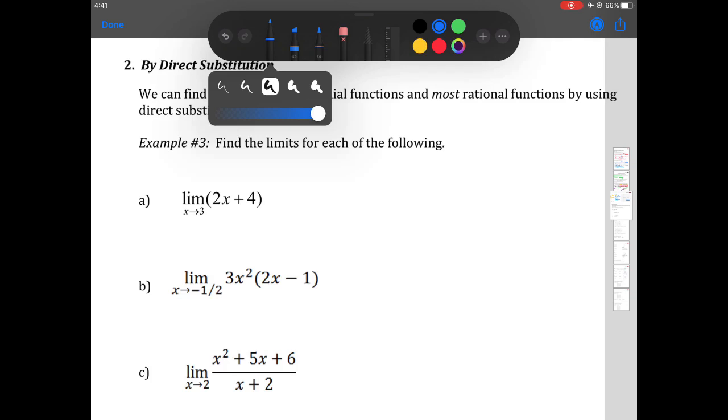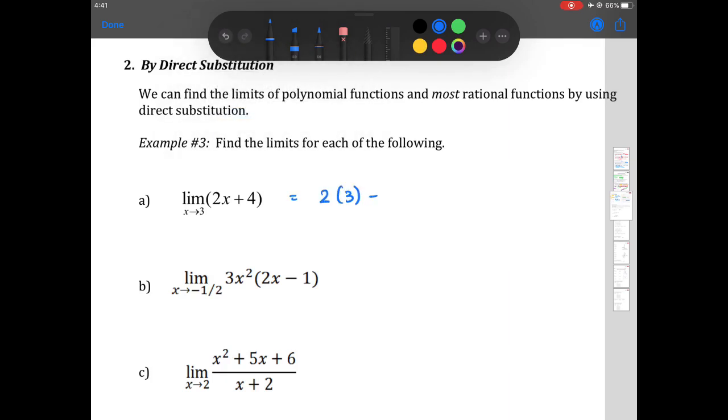So let's do this one. It'll be 2 times 3 plus 4, which is 10. And that is it. That's the limit for this function. The next one, you don't have to distribute it, just substitute.